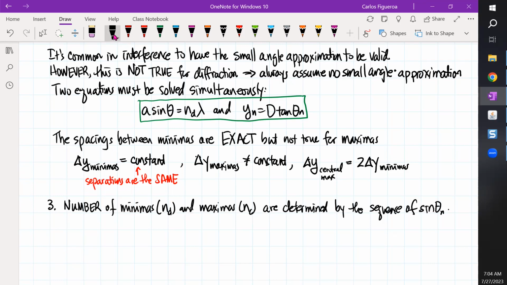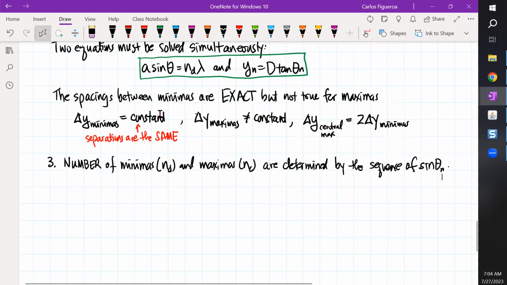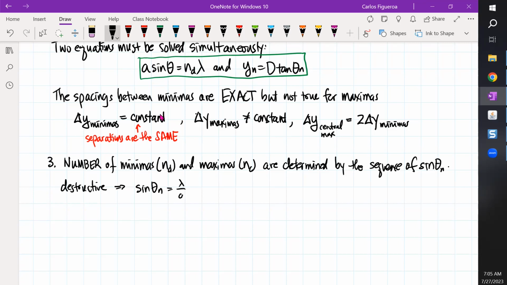But you're going to see here that I'm going to change it, because I just wanted you to get a handle on it. But just to show you that the process is the same, if I look at destructive interference and diffraction, then sine of theta n is going to be lambda over a times nd.